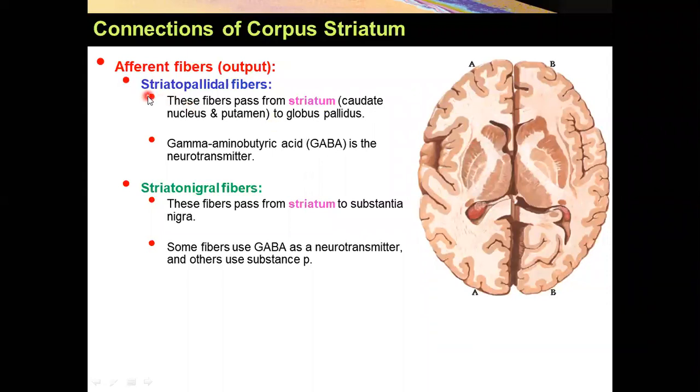And these striatopallidal fibers use gamma-aminobutyric acid, or GABA, as a neurotransmitter. And there are also striatonigral fibers. These fibers pass from striatum to substantia nigra. Some fibers in these striatonigral fibers use GABA as neurotransmitter, and others use substance P.